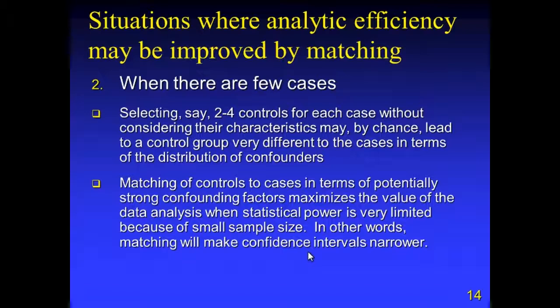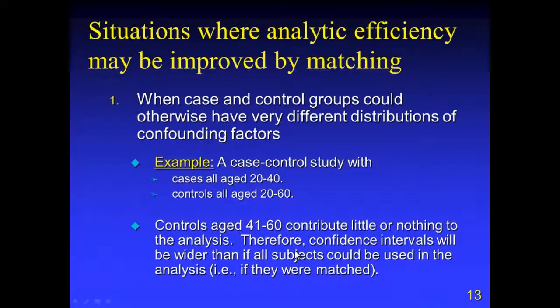select your controls somewhat randomly, or at least without taking into account important confounding factors, then you may end up with the sort of distribution that we just showed you, where the case group is very different, say, in age to the control group.